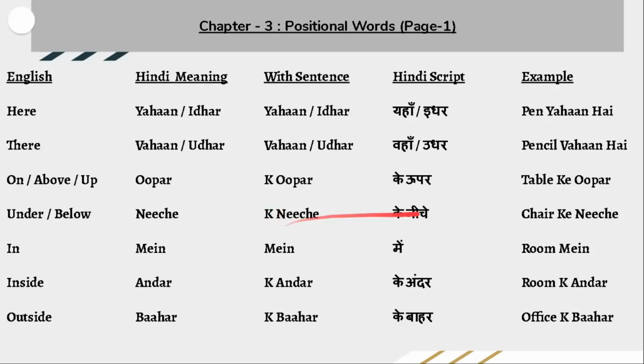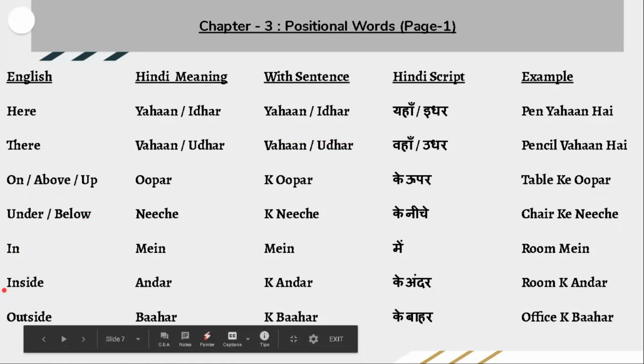Now, for example, under the chair. So, what will be the sentence? Chair ke niche. Next, in. In is called in Hindi mein. For example, in the room, in the office. So, room mein. Next, inside. Inside is called andar.